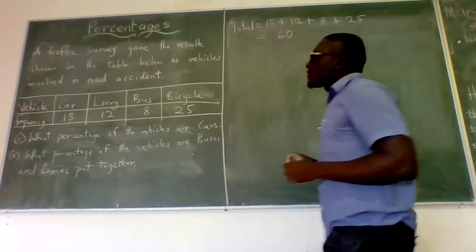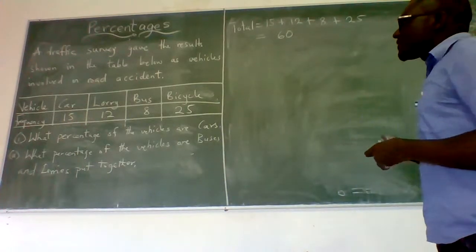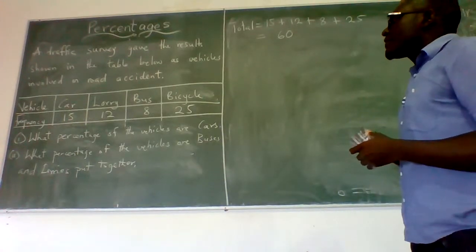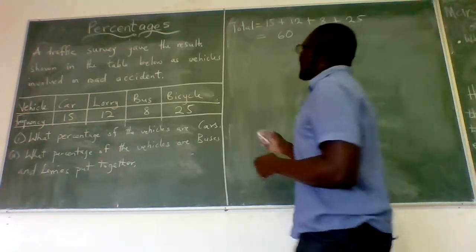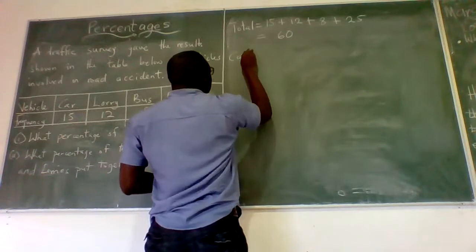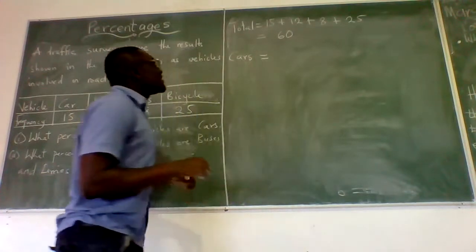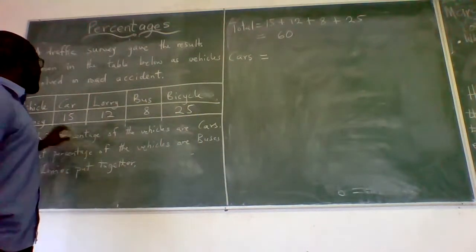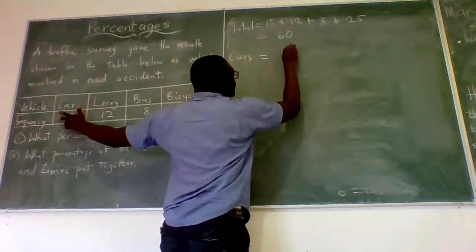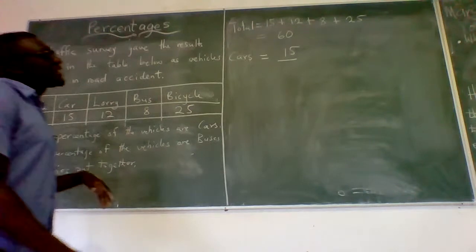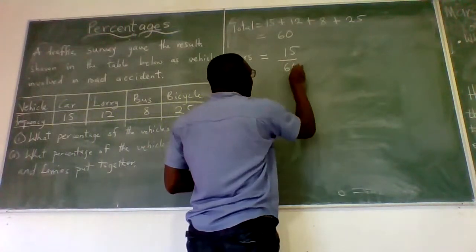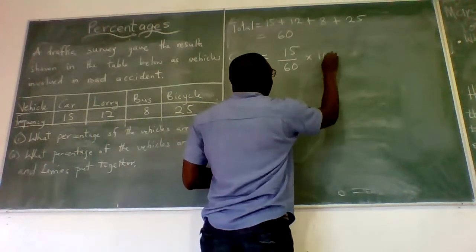Okay, so if the total number of vehicles involved is 60, then the first one says what percentage of it is cars. So for cars, it's simply going to be the total number of cars, which is 15, divided by the total number of all the vehicles, which is 60, and then you multiply that by 100%.